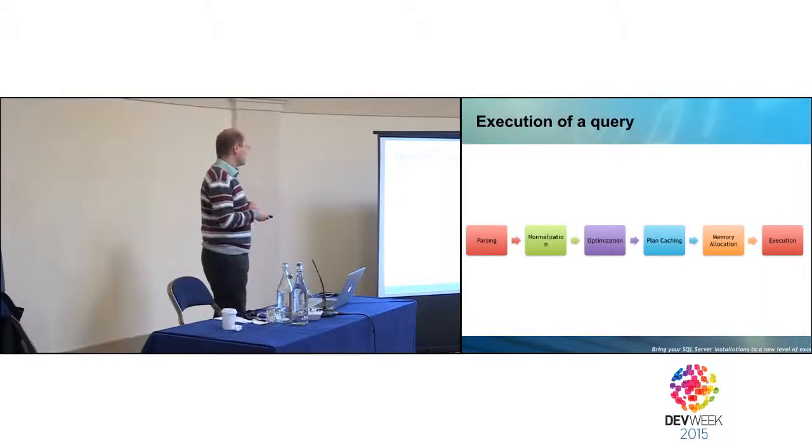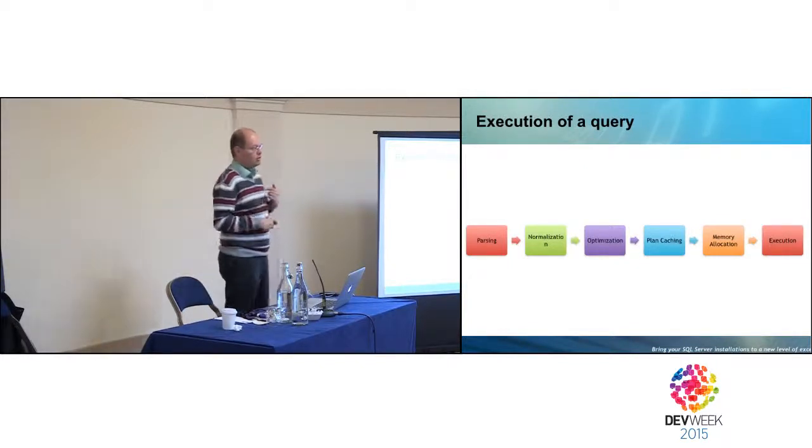In the next step, a so-called normalization phase occurs, and within the normalization phase, SQL Server generates a so-called query tree out of our logical SQL statement. We'll see later what a query tree in SQL Server looks like.